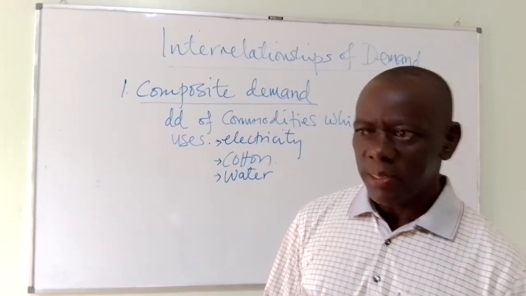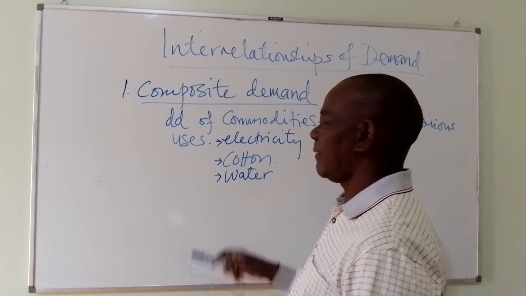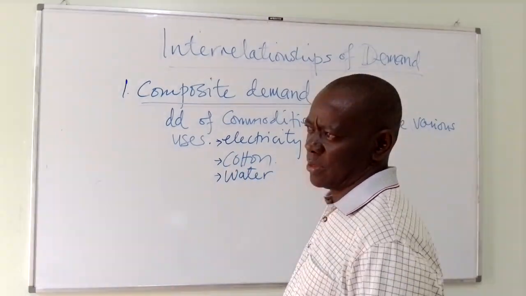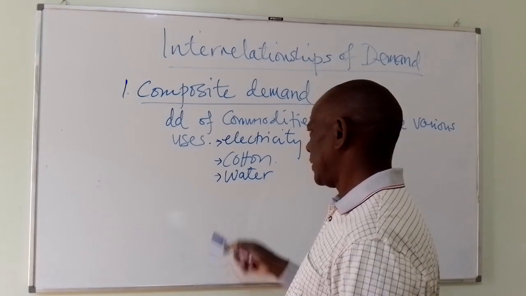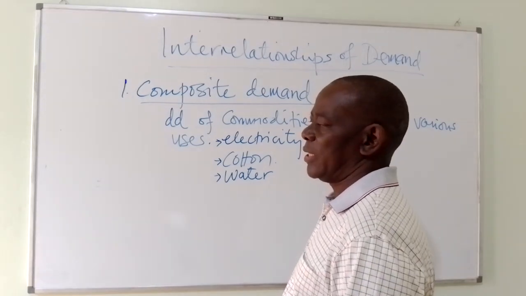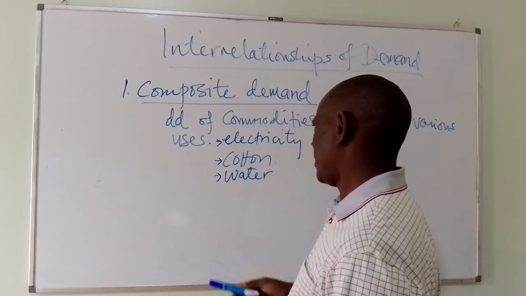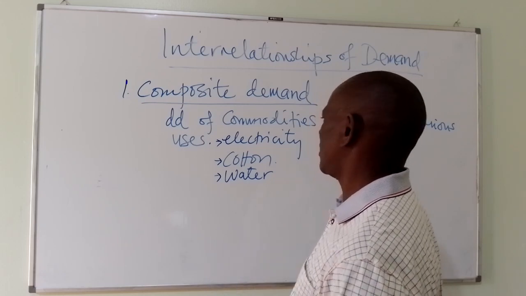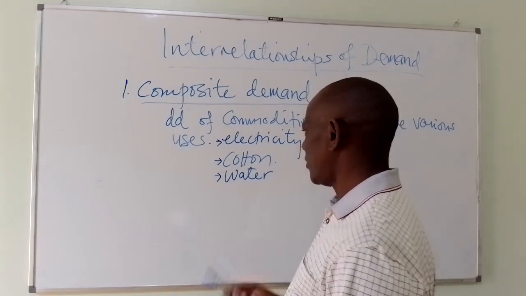So we are looking at the composite demand, and we have said commodities that are having many uses. You demand one commodity, say electricity, which is going to serve you with a lot of activities. I already mentioned that electricity will serve you for ironing, cooking, light, and so on.